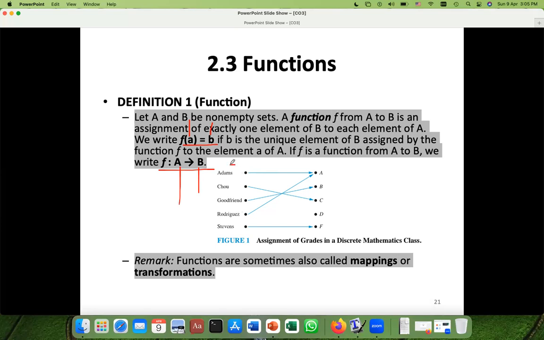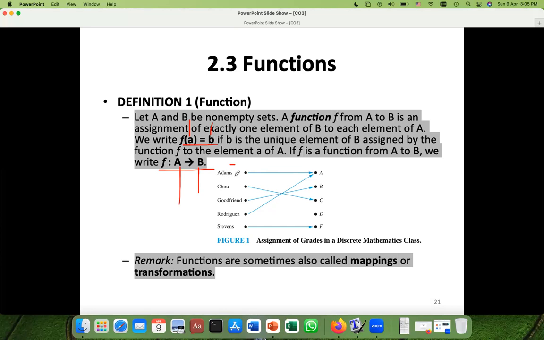For example, this is the set A on the left hand side, and on the right hand side you have the set B. You have these elements: Adams, Jew, Goodfriend, Rodriguez, Stevens, and you have the elements A, B, C, D, F here.